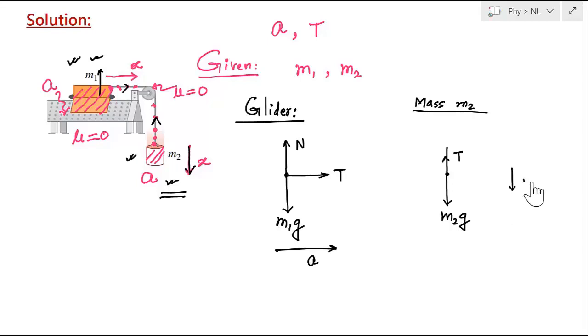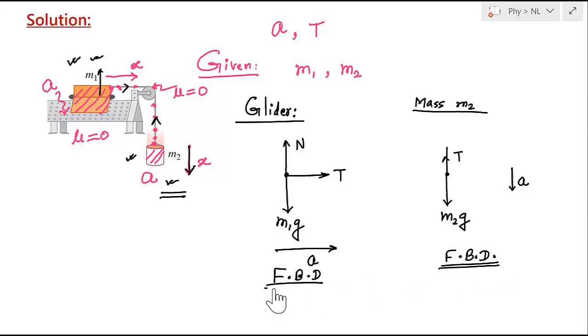So we can show the acceleration a somewhere here. So this is the free body diagram for the glider, and this is the free body diagram for mass m2.